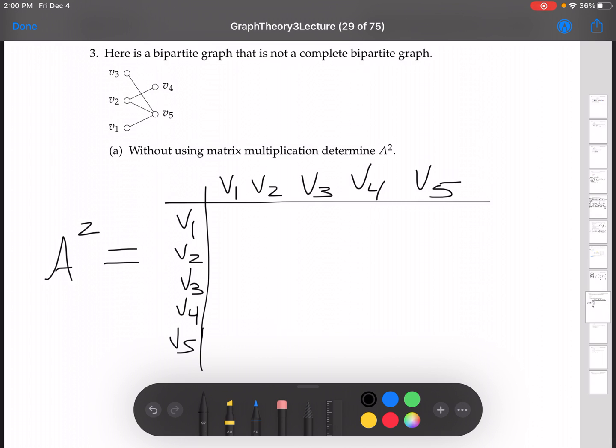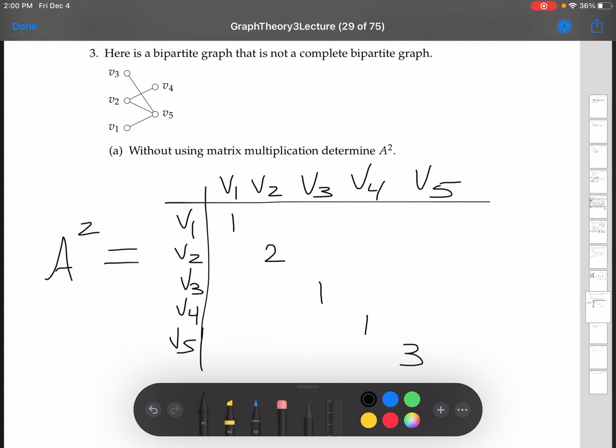So the degree of V1 we see is 1. The degree of V2 is 2. The degree of V3 is 1. The degree of V4 is 1. And the degree of V5 is 3. Right, so we have those.